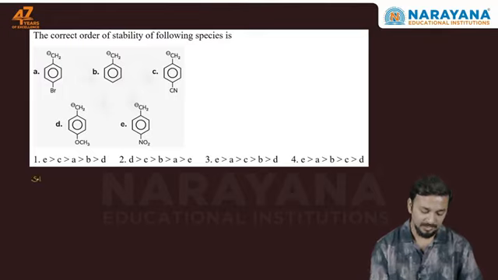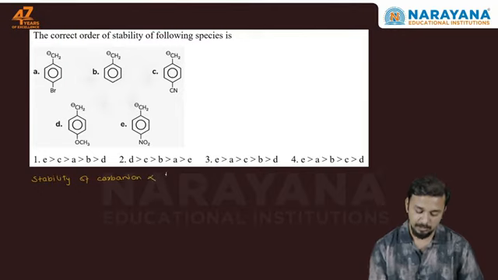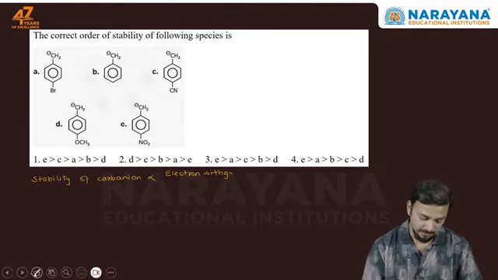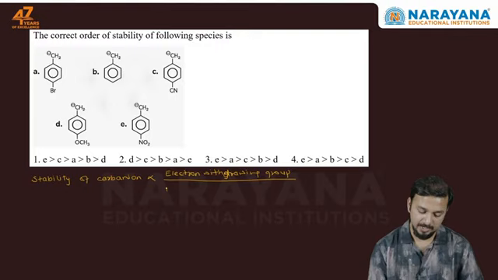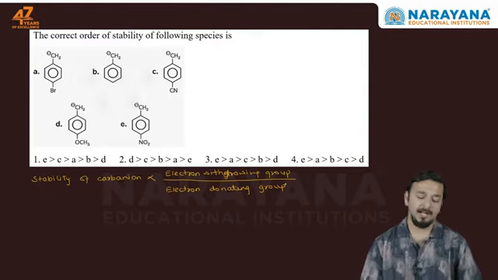So we know stability of carbanion is directly proportional to electron withdrawing group and is inversely proportional to electron donating group. More electron withdrawing nature, more will be stability. More electron donating nature, lesser will be stability.